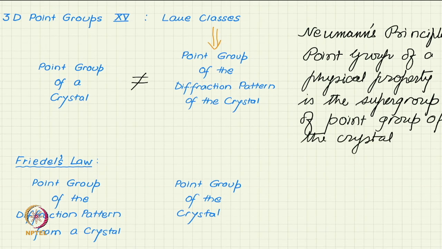By supergroup here we mean that the point group of the physical property will contain all the symmetry of the point group of the crystal, but it can have more.